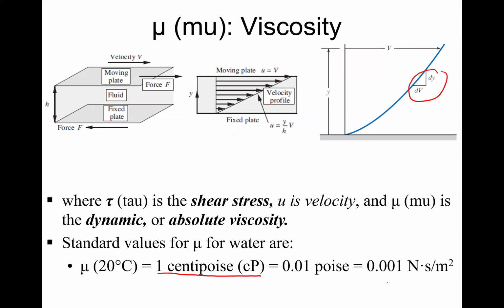It is a measure of how velocity develops from, say, a no-slip condition, or a velocity of zero, and how quickly the velocity develops from that surface is how we define viscosity.